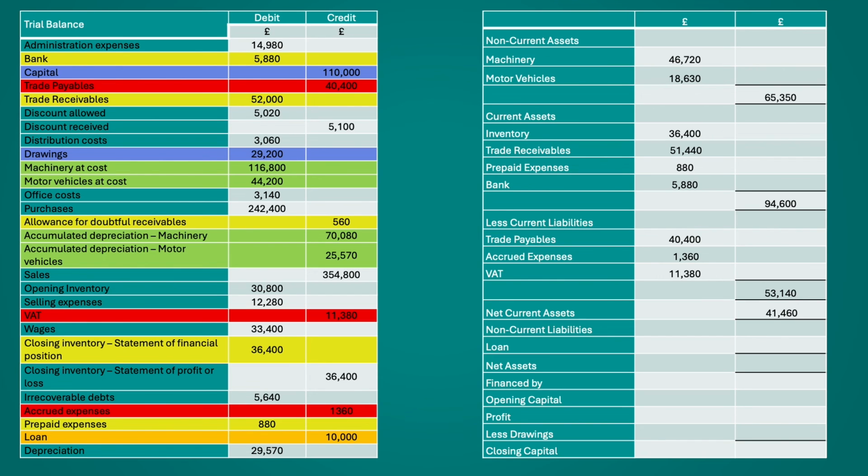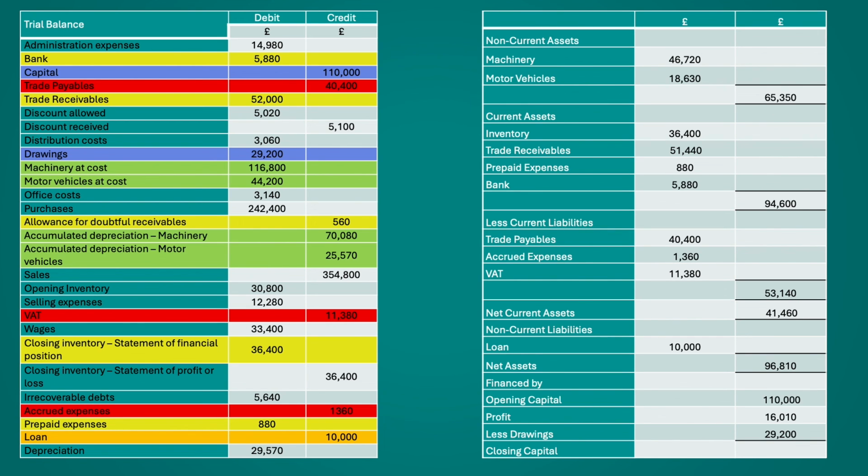41,460. We then add in our non-current liabilities. Then the net assets figure is our total assets minus total liabilities, giving us 96,810. The final part to populate is our financed by section. Let's fill out our opening capital.